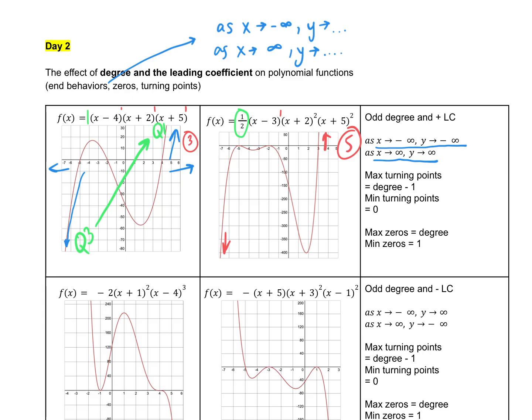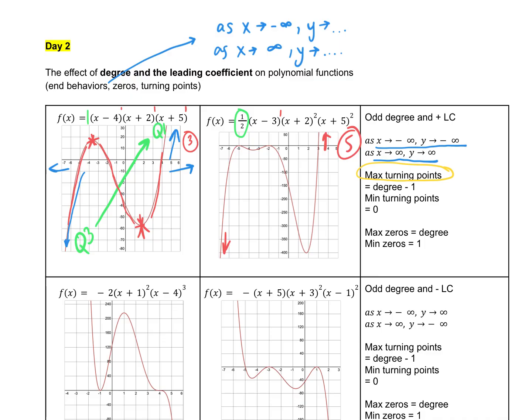Now, turning points are, if you're following the path of your function, where you switch directions. So I have a turning point right here because at first I'm increasing and then I decrease. Now I'm decreasing and then boom, I have a turning point and then I increase again.